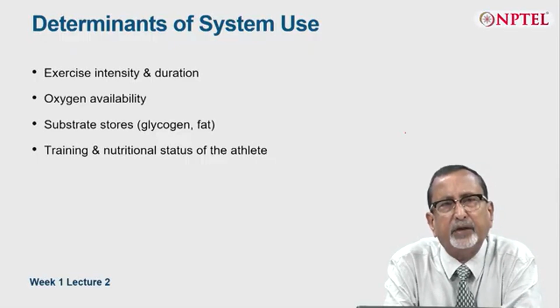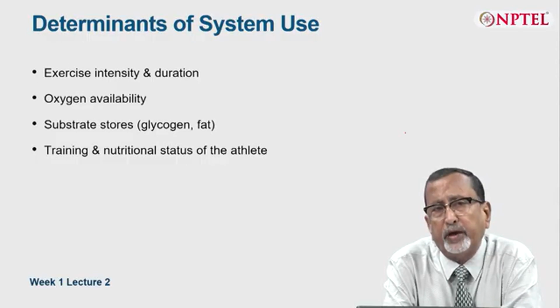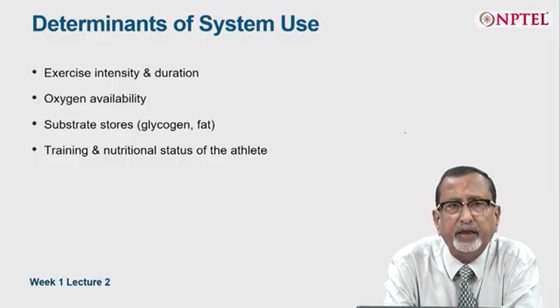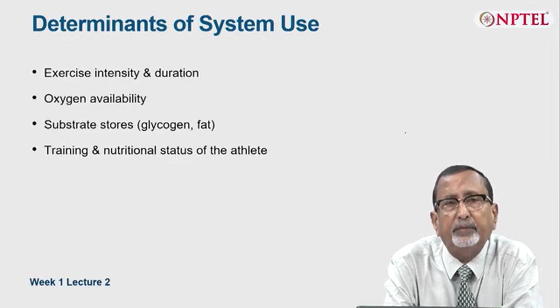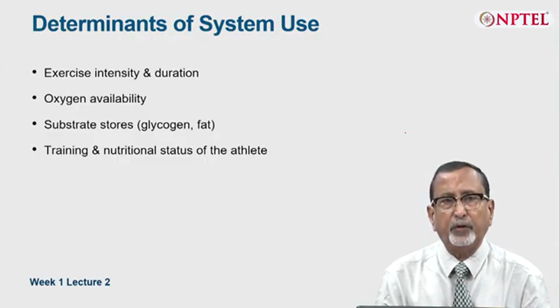Training can also enhance the ability to tolerate lactic acid, lactate tolerance we call it in training language. Training is also important for improving power. Even the nutritional status is also important.